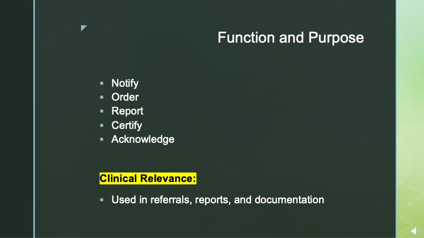Fifth, to acknowledge. This includes confirming receipt of information or services. For example, a referral form notifies the therapist, an evaluation report documents findings, and a progress note reports ongoing changes. So every record must have a clear purpose and should not contain unnecessary information.